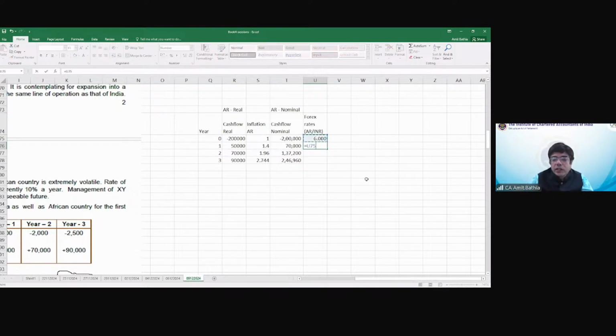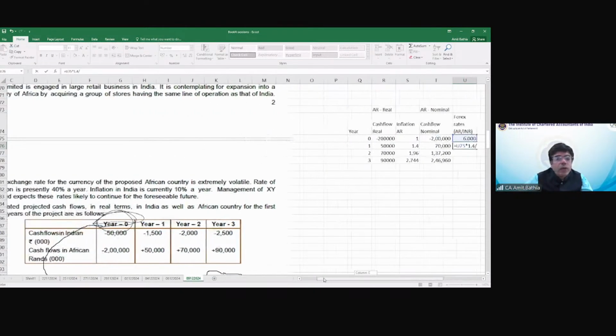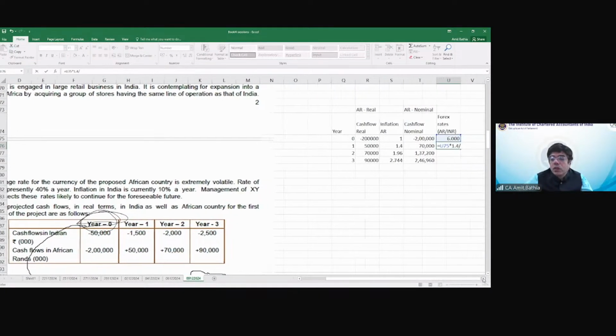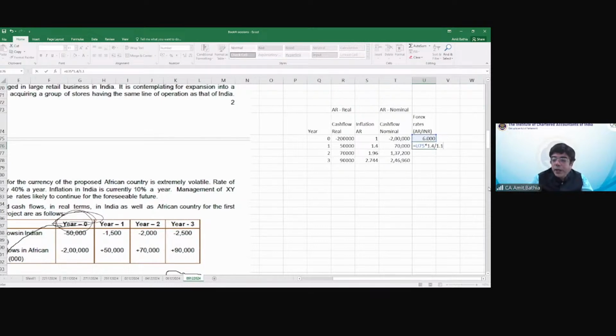So 6 into, now remember in the numerator you have AR. So I have to take the inflation rate of AR first in the numerator, into 1.4, divided by what is the inflation rate in India? It is given to you in the second line: 10%. So divide by 1.1.